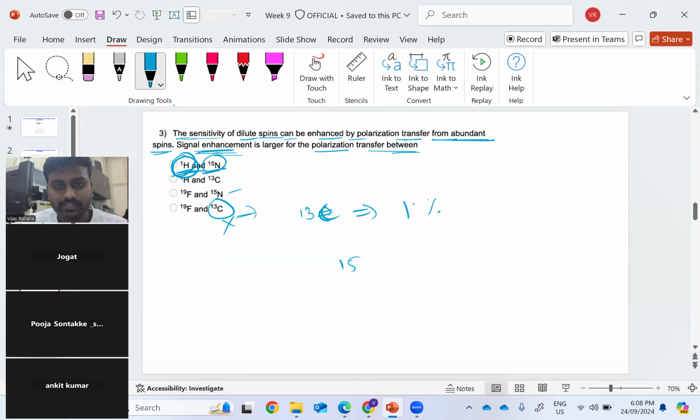So we can do the signal enhancement, but comparatively the signal enhancement for nitrogen and 1H nuclei is higher as compared to the signal enhancement for 19F and 13C nuclei. So for this one, answer A is the correct option.